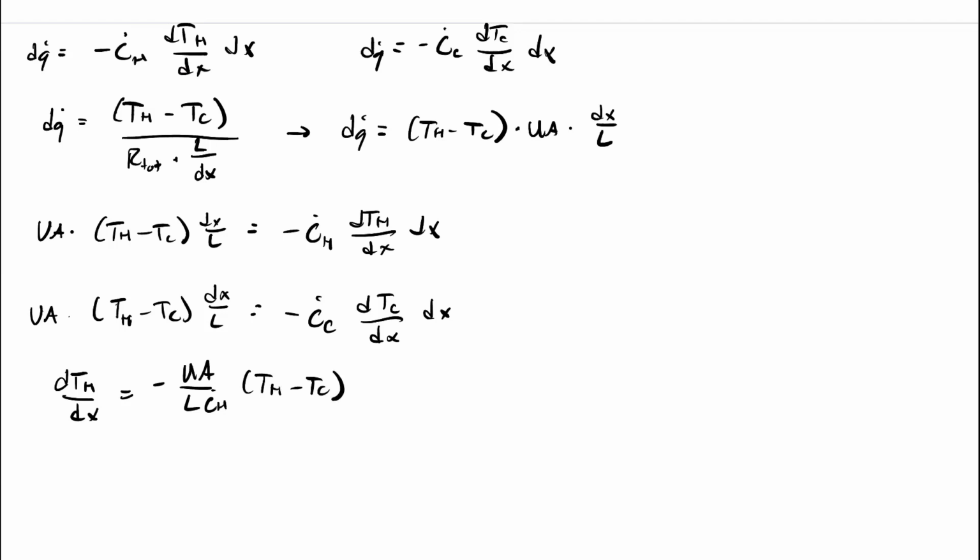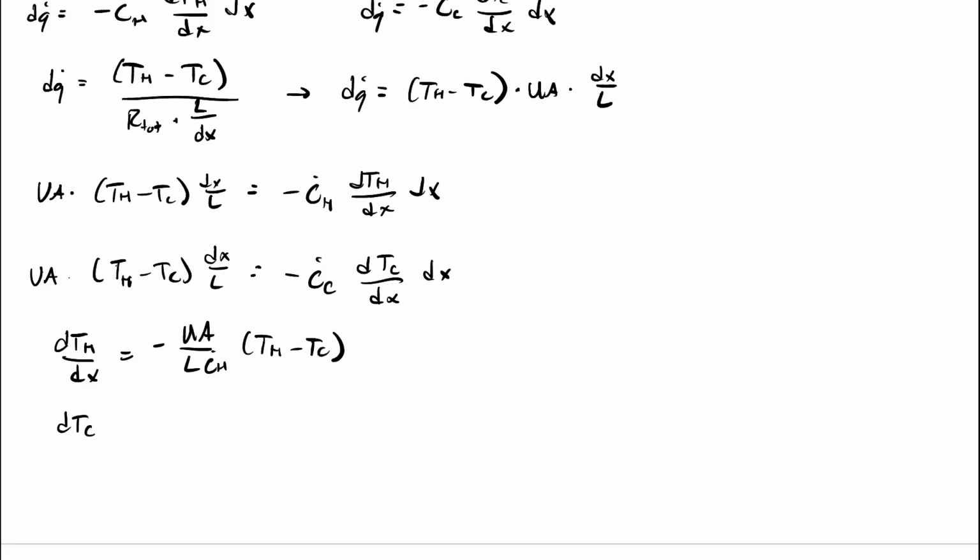And then the cold one is dTC dx is equal to minus UA over L C dot C times TH minus TC. Okay, so I've done just a little bit of algebra, added in my rate equation, and I've solved for the differential equations in terms of dTH and dTC.